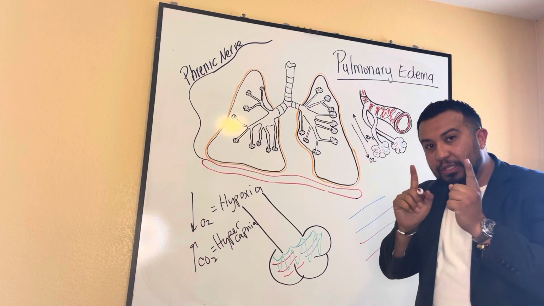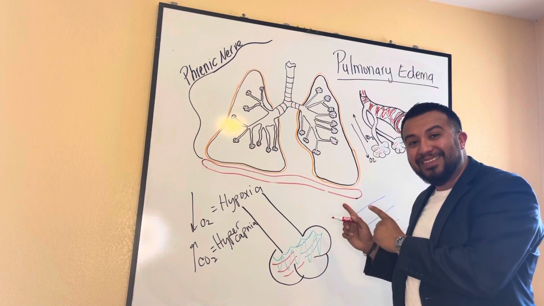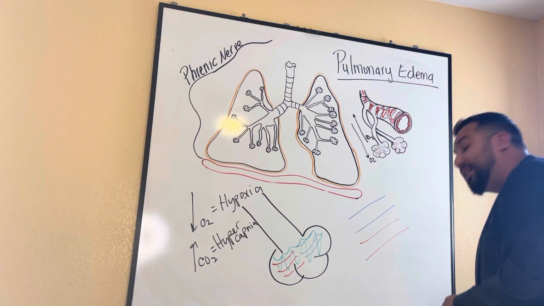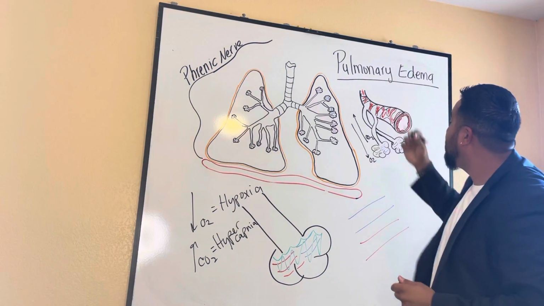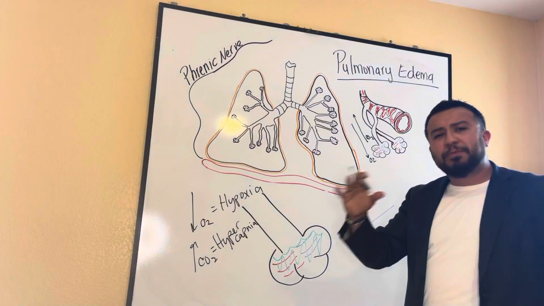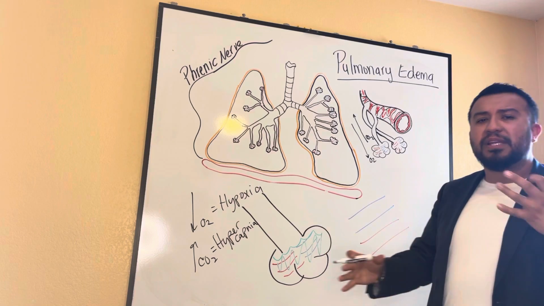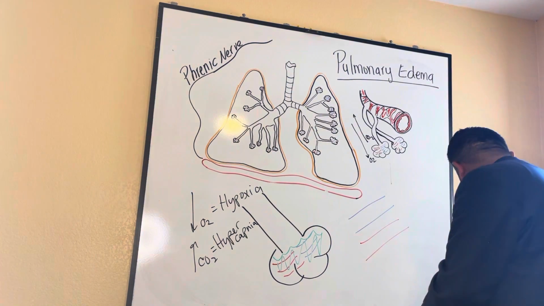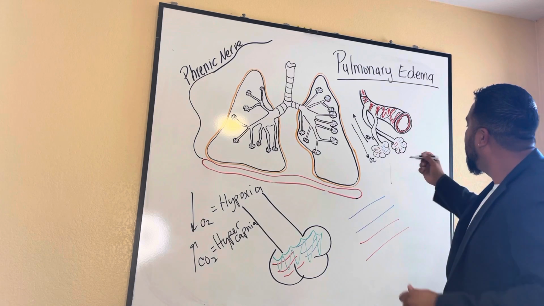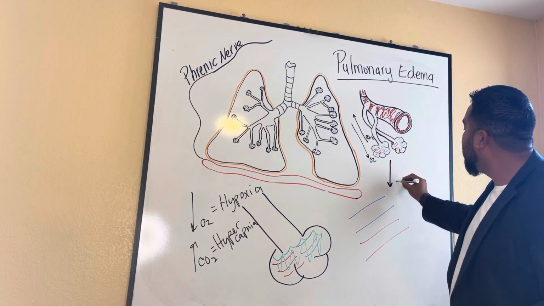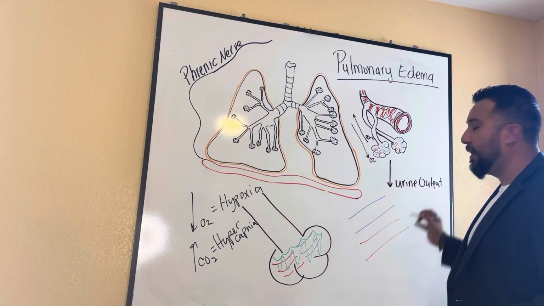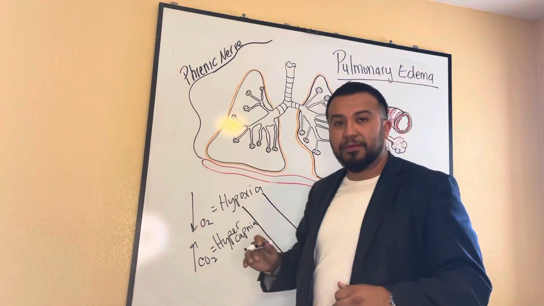What we're doing is we're losing fluids from our systemic circulation. This causes our urine output to decrease. So people that have pulmonary edema, aside from all the respiratory signs and symptoms that we've been discussing so far, we're also going to have a decreased urine output, okay? Because the patient's retaining fluids.